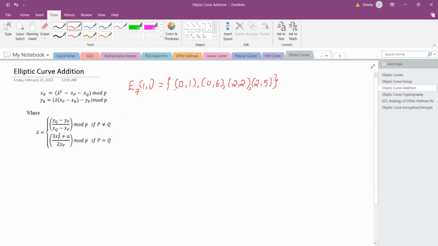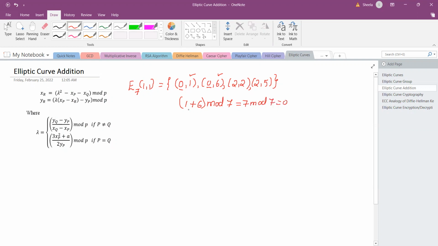And one thing you can notice is that the value of the x coordinate is the same, but the y coordinate is 1 as well as 6. So what it indicates is, if I add 1 plus 6 and then take mod 7, what am I going to get? 7 mod 7 is nothing but 0.